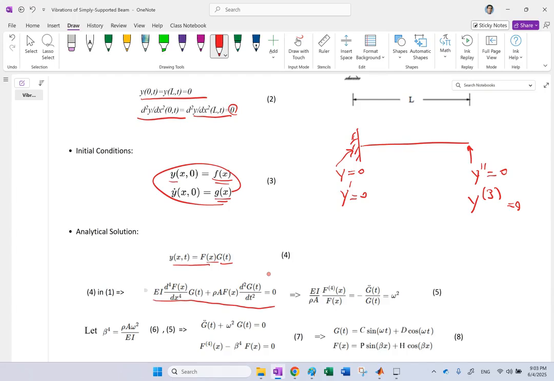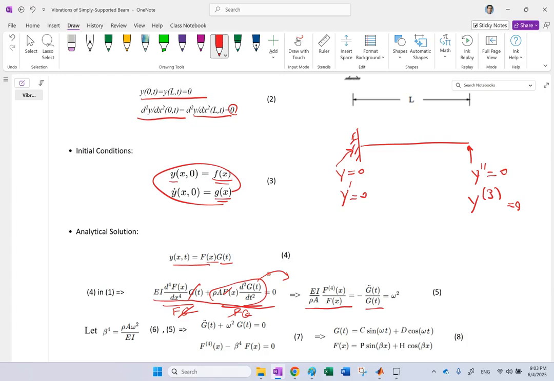Now I can take one of these terms to the other side and divide both sides by f times g. Then this f and this f cancel, and that g and that g cancel. So on this side, you get this term.